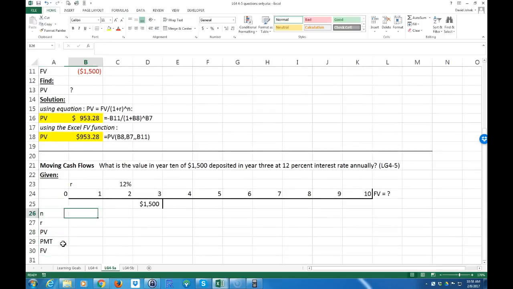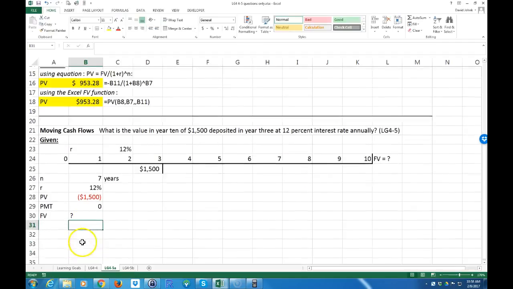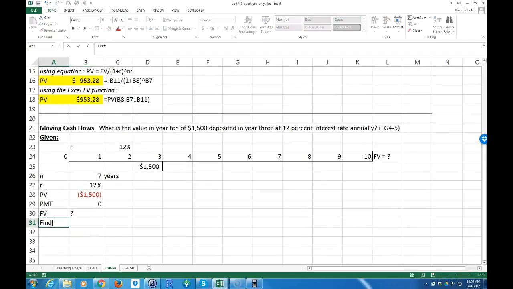So n in this case, n is equal to 10 minus 3. So 7 years. R is equal to this 12%. Present value is equal to a negative this. Payments 0. And the future value is what we want to know. And we want to find future value.